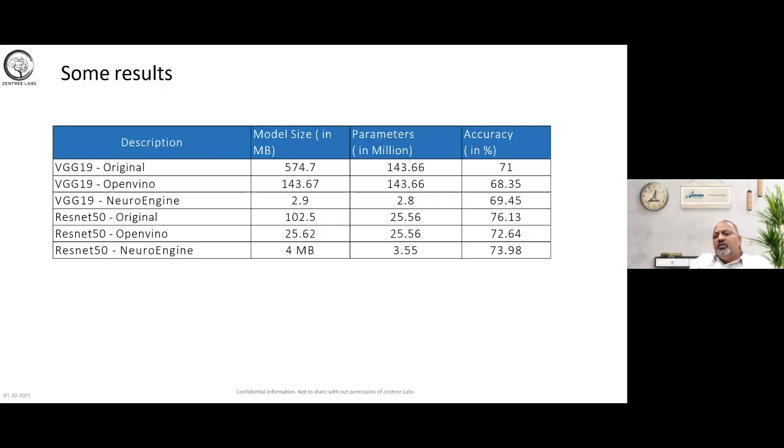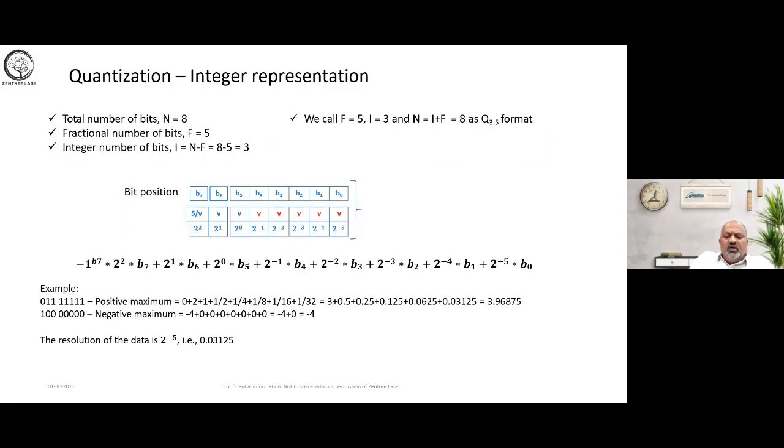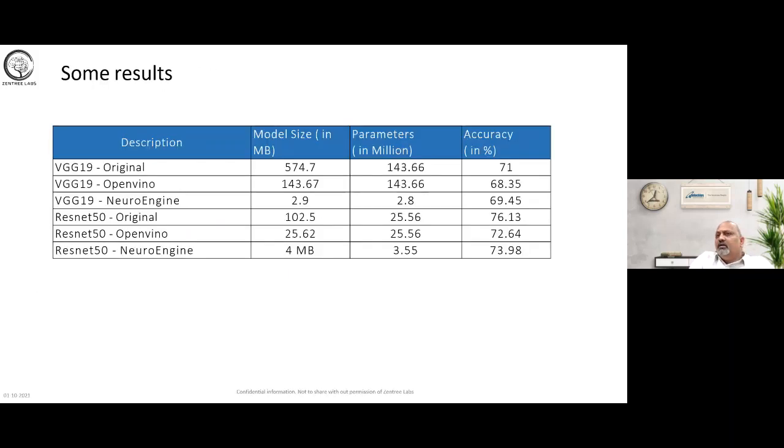Compared to OpenVINO, it is always better. We had to stop the fine tuning at some point to save time when we were working on these. These are the observed results. So pruning has a lot of impact, but you have to be very careful.